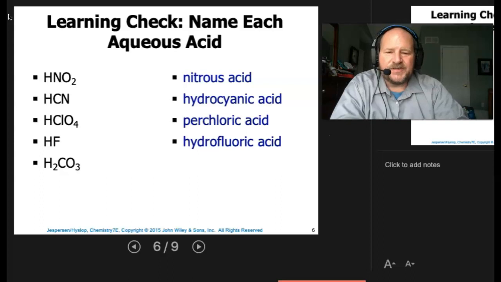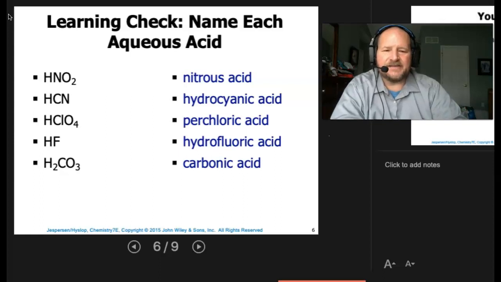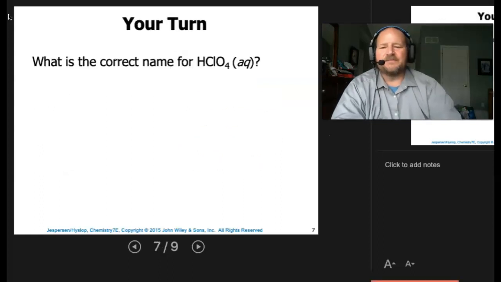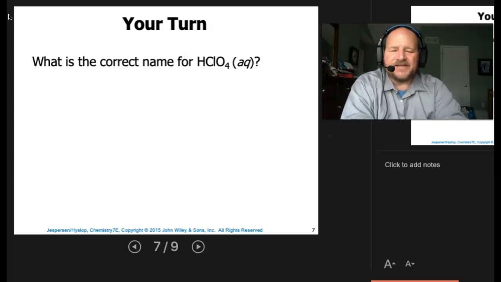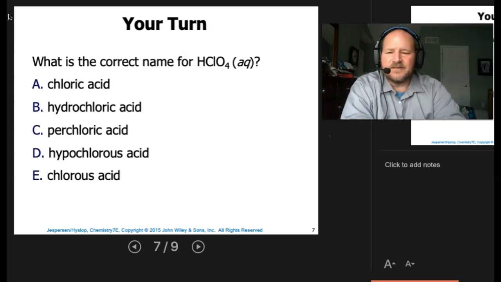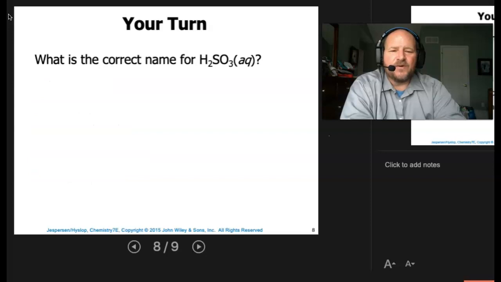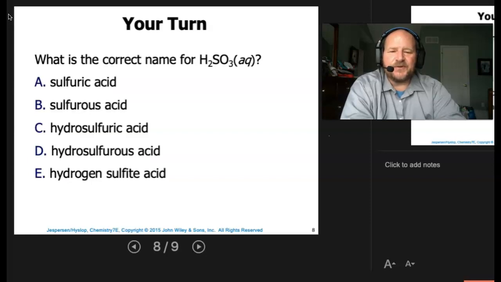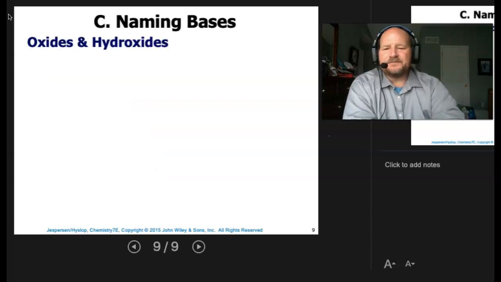And then H2CO3, the CO3 name is going to be carbonate, so we get carbonic acid. All right, what is the correct name for HClO4? Good, C, right? What is the correct name for H2SO3? B, sulfurous acid.